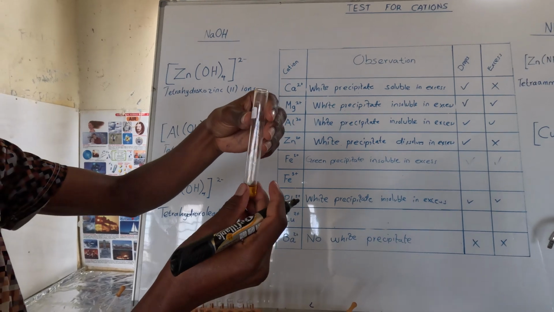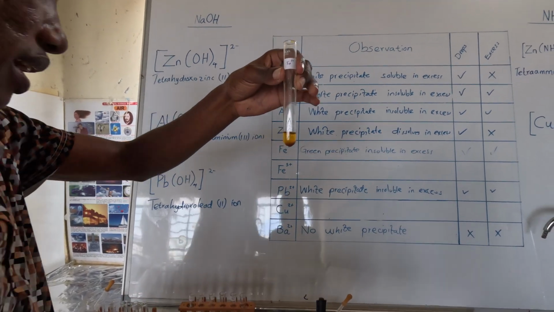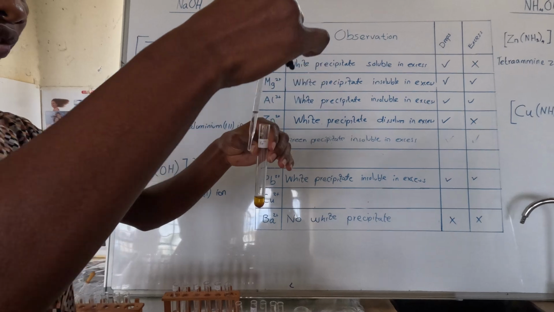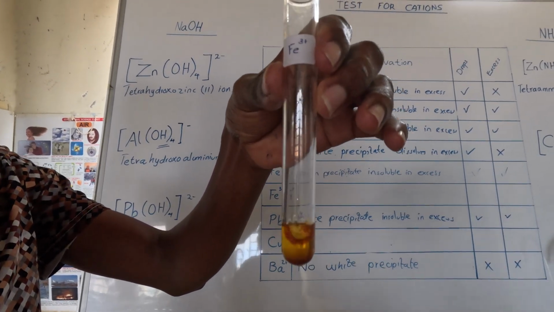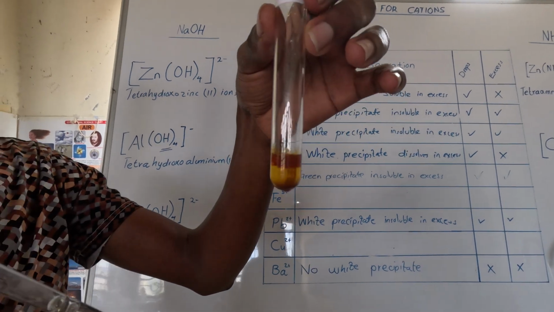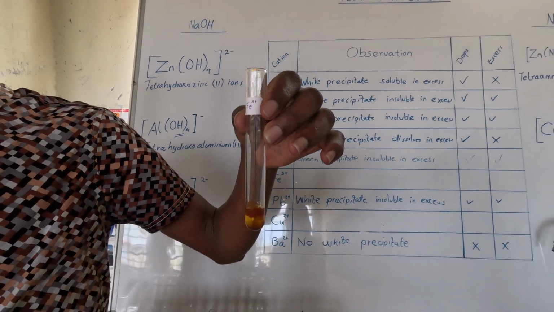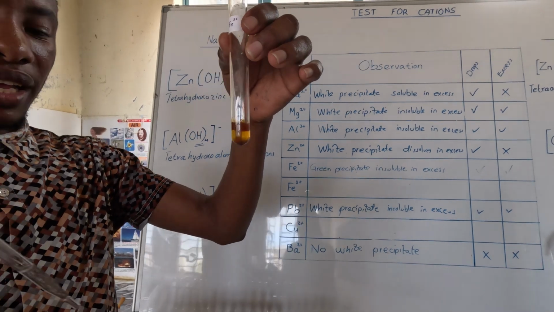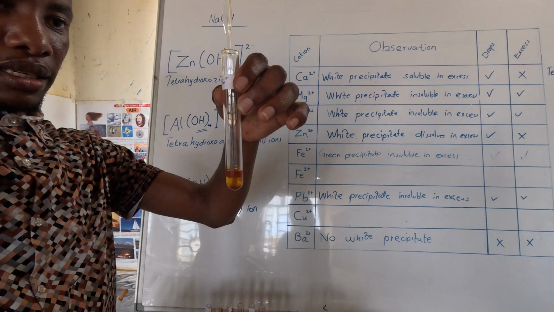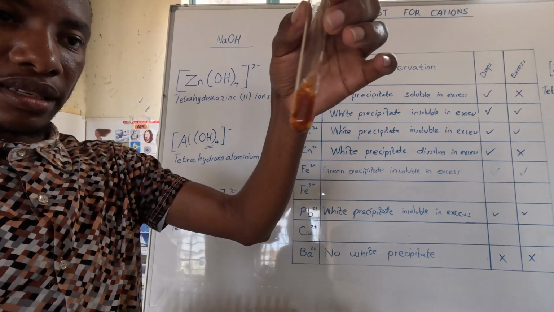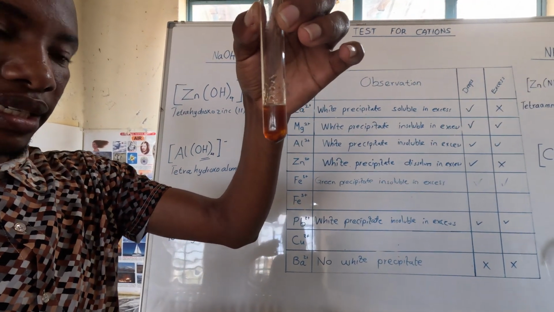We go to iron(III), which is brown in color. We're going to add a few drops of ammonia. There is a brown precipitate, and now what is going to happen if I add excess? When I add excess, the precipitate does not dissolve.